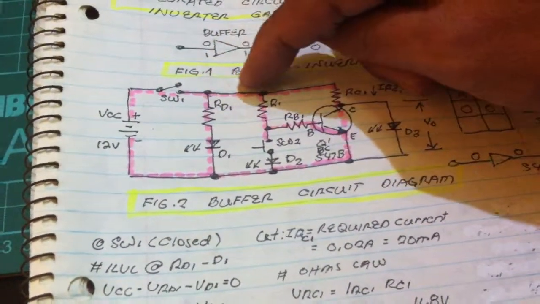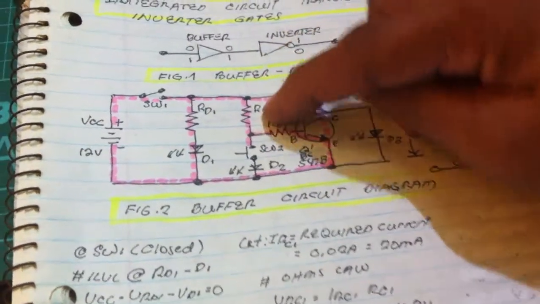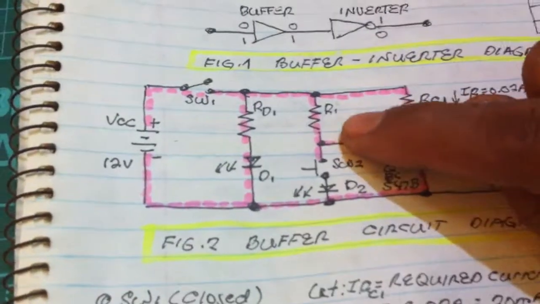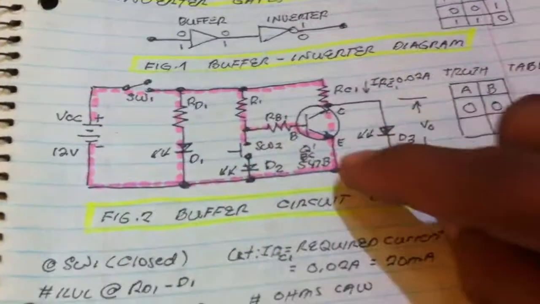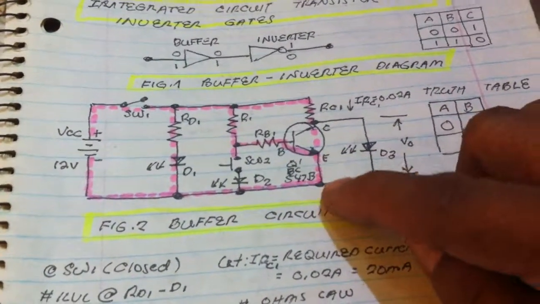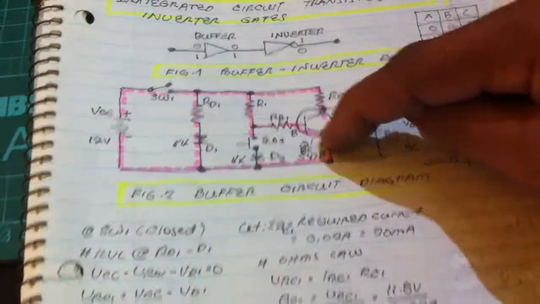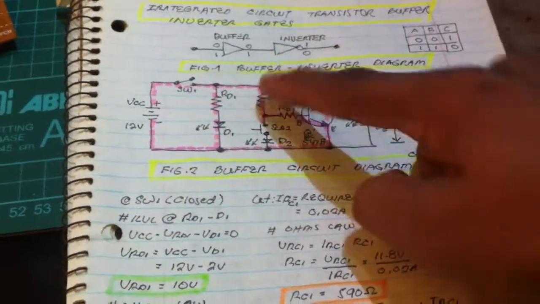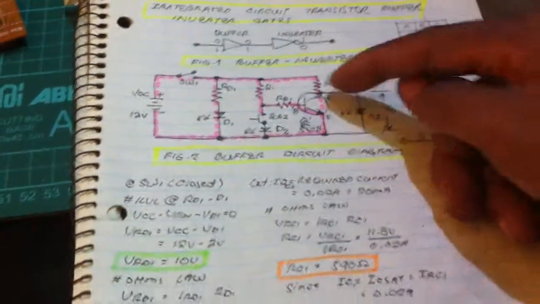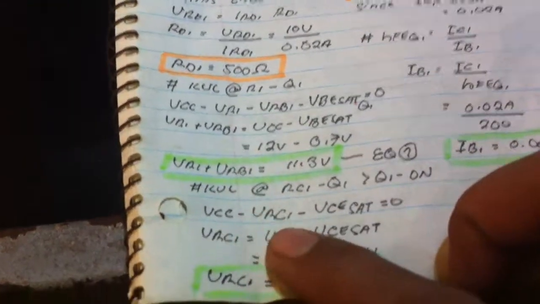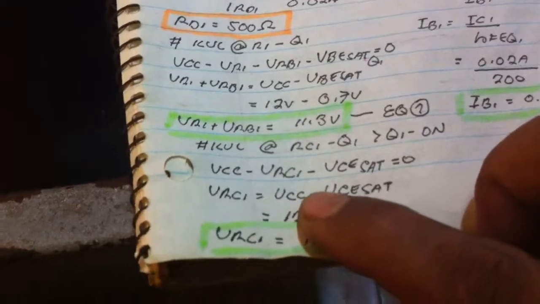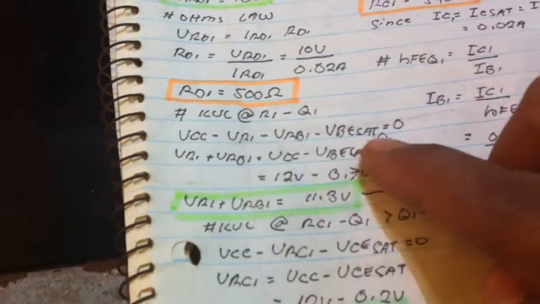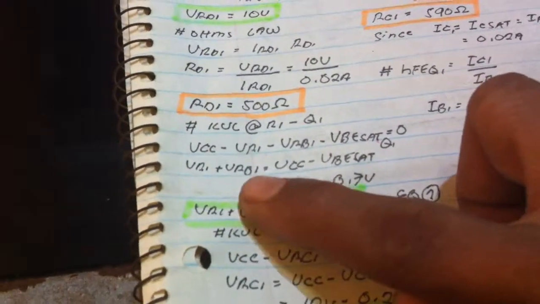Also the current flows at this RB1 to the base to emitter junction of the transistor and to the ground. KVL, making the transistor conduct in saturation mode because we have now a base current.